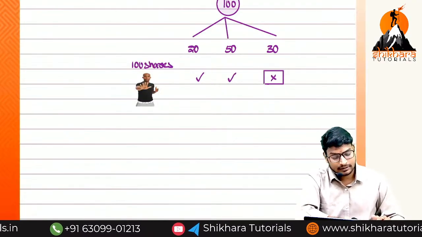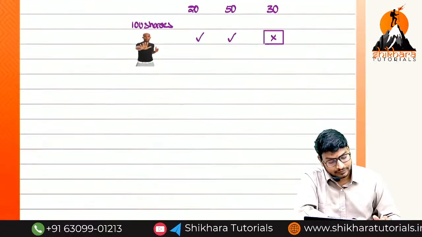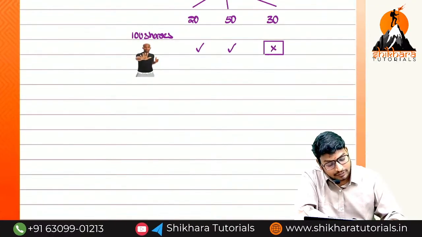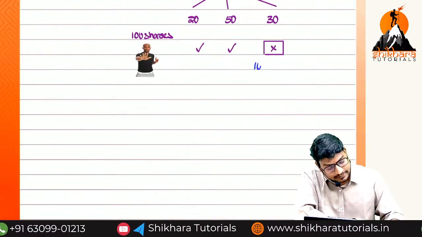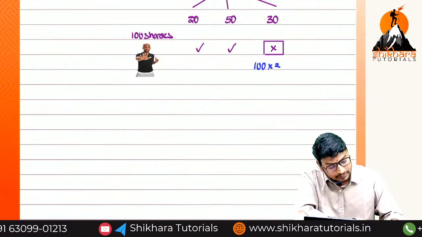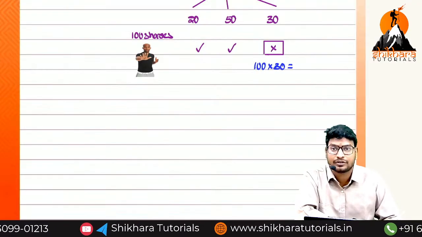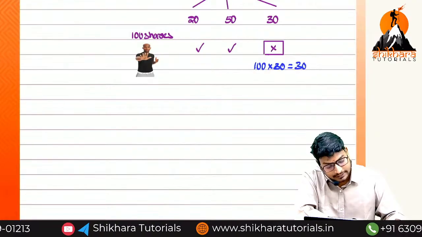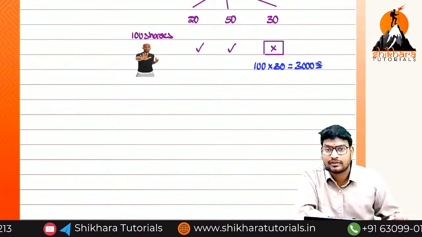What is the first entry? So here, what is the amount of calls in arrears? 100 shares into 30 rupees, that is equal to 3,000 rupees, the calls in arrears.